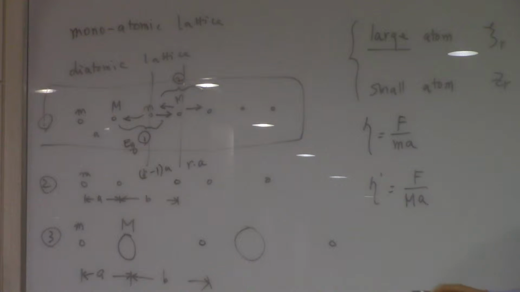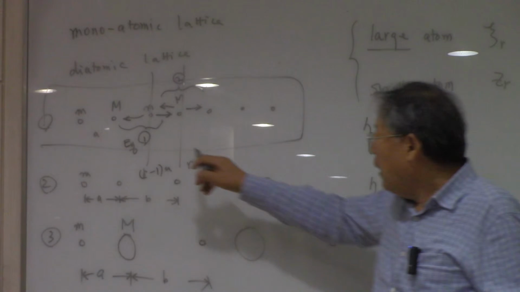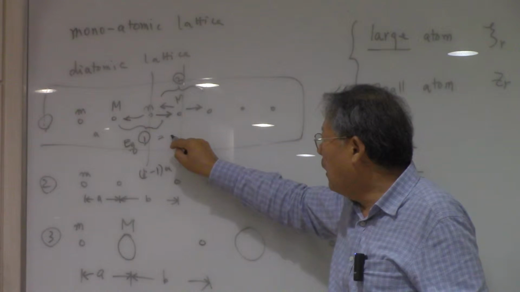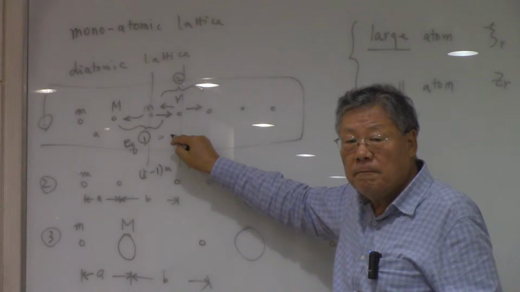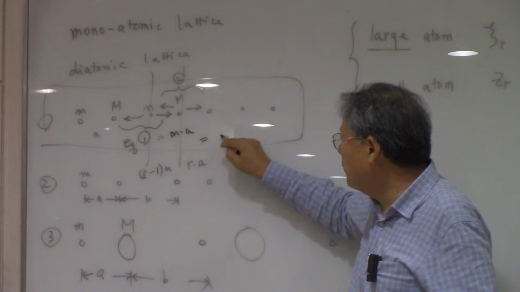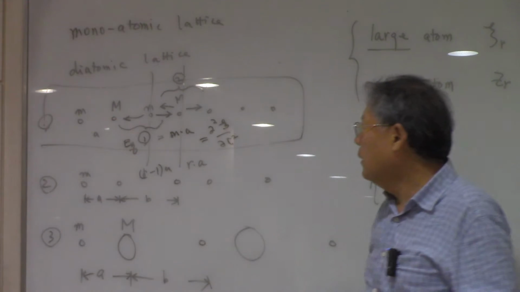The other things are exactly the same as what you have done for the monatomic case. And then this equation 1 is related to the Newtonian, MA, and then this A is related to the round T square over round square psi, right?